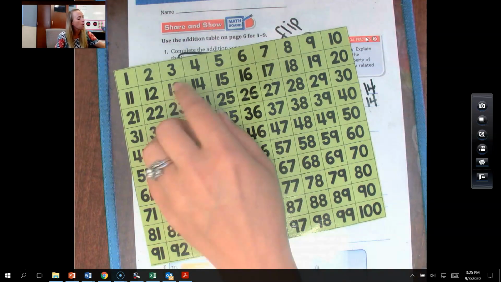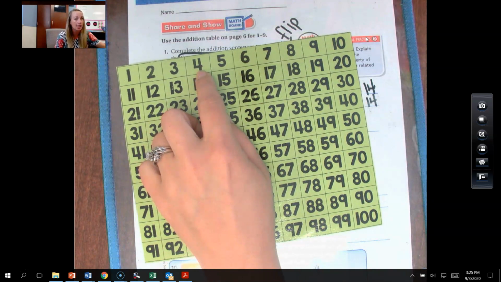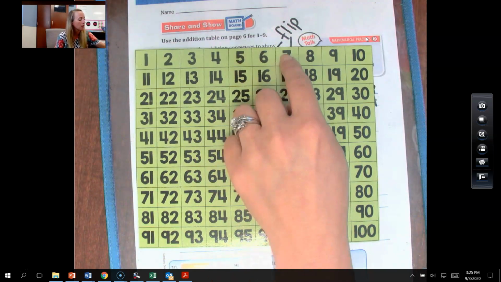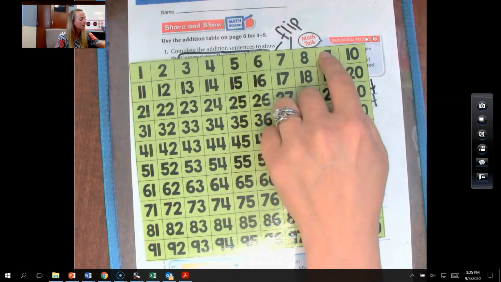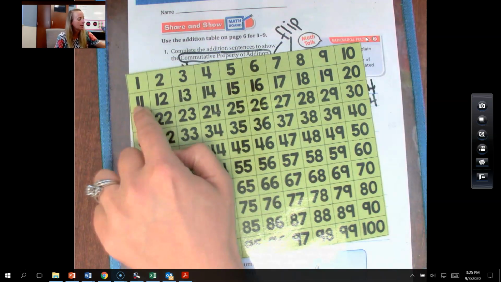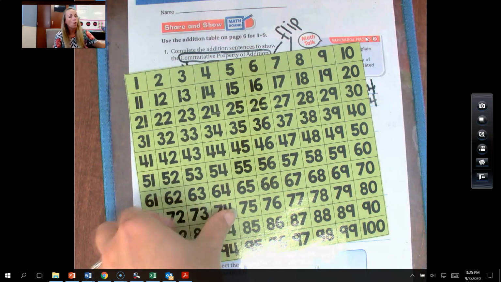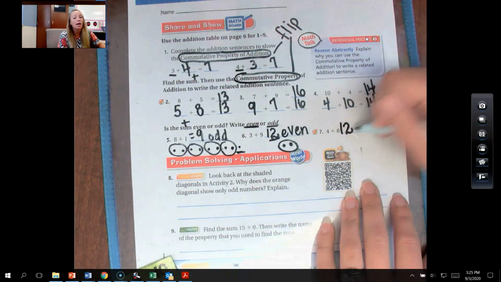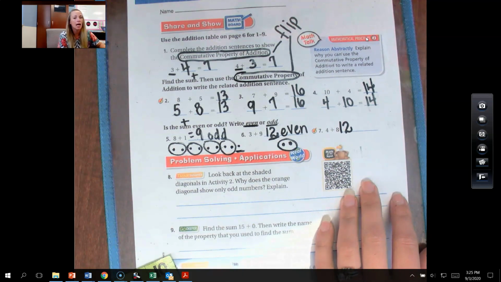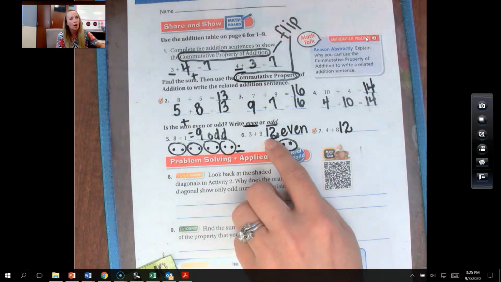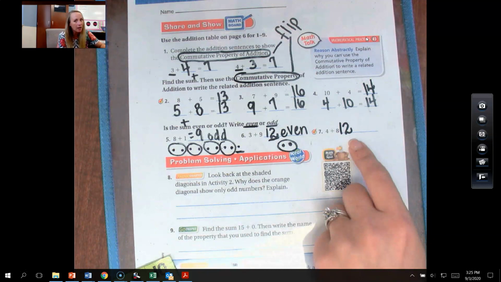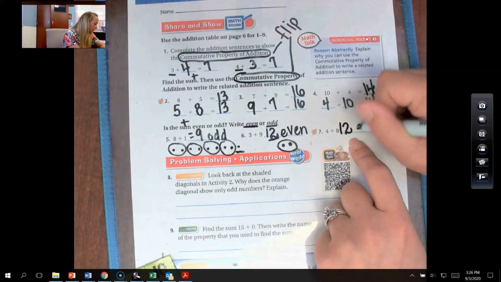If I start at 4, I'm going to count up 8. 1, 2, 3, 4, 5, 6, 7, 8. 4 plus 8 is 12. I'm not done yet though. I need to tell if it's even or odd. But look, I had 12 here, and 12 was even. So 12 here must also be even.